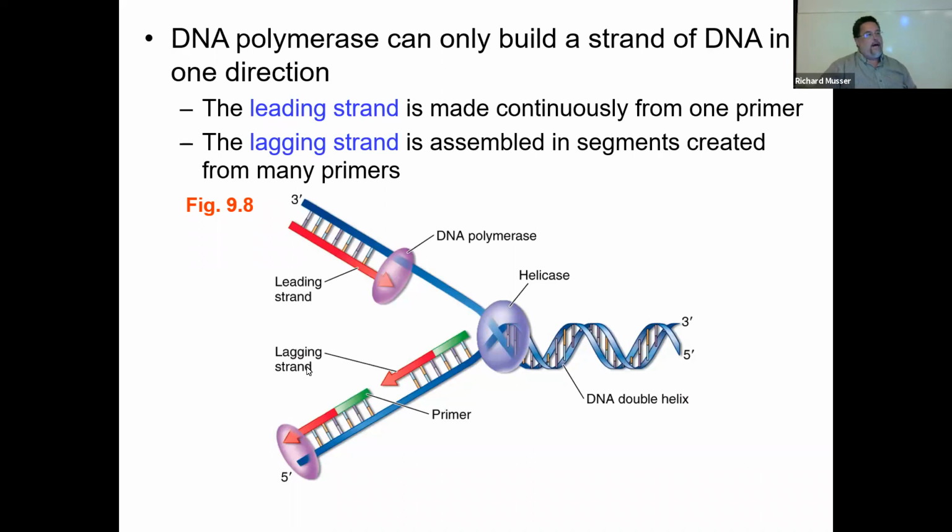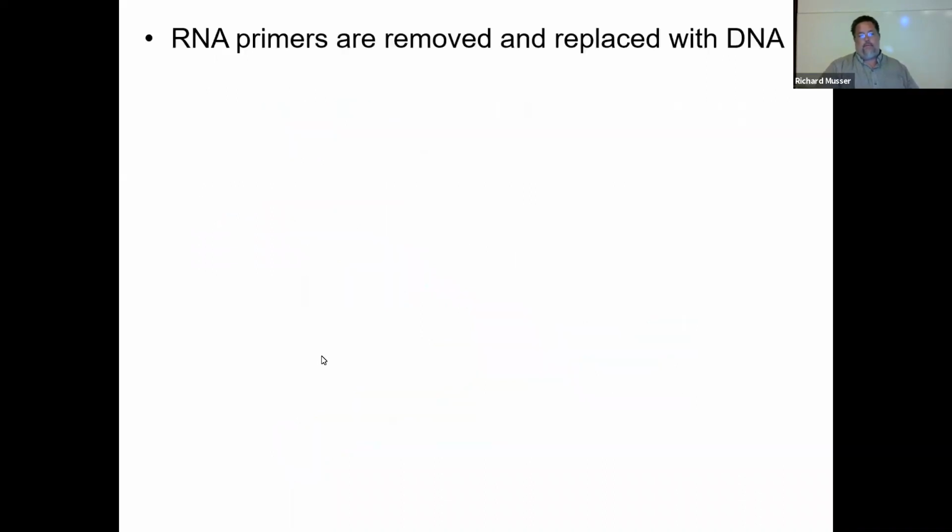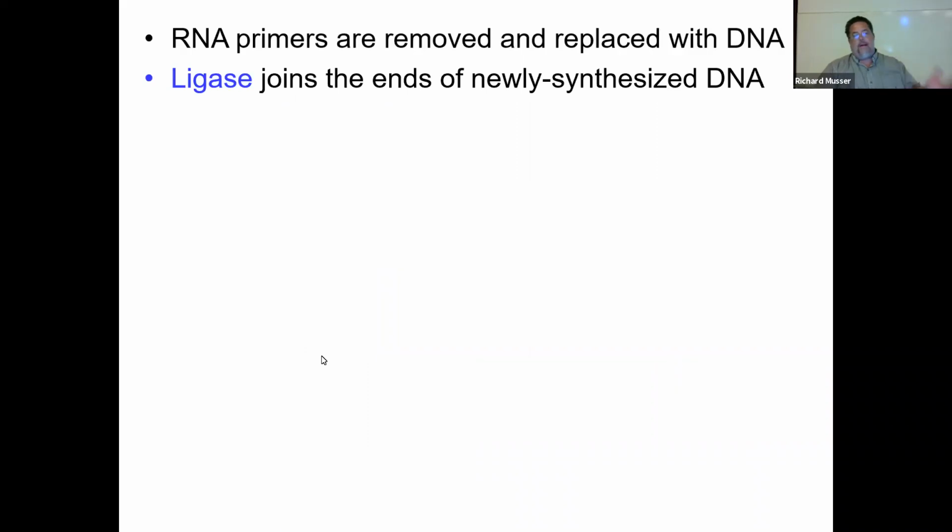Now, why do they call it the lagging strand? Because it's lagging behind this strand, the leading strand. So this one's getting done just a little bit quicker than that one. And then eventually you're going to end up with 2 new strands of DNA. So this is how DNA replication happens in a simple understanding, right? Super simple way. The primers will be removed and replaced with DNA.